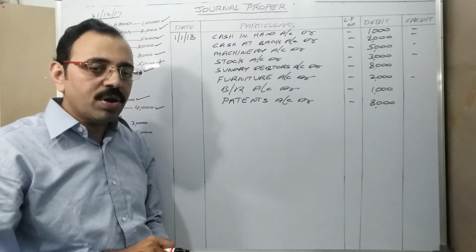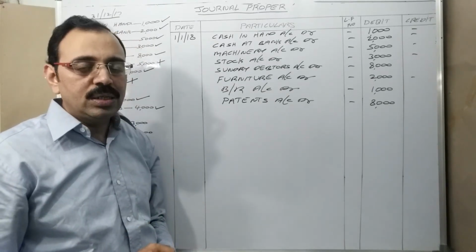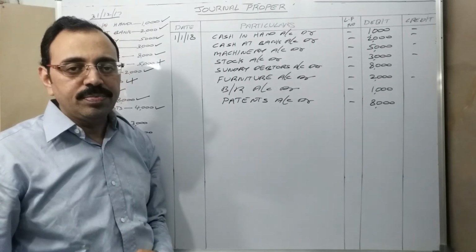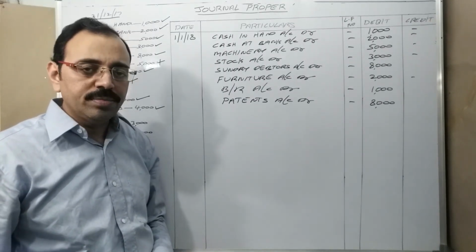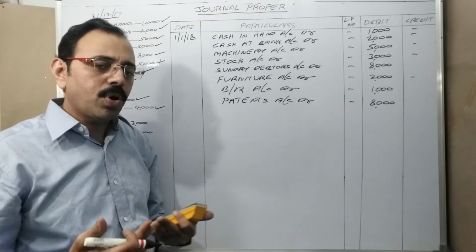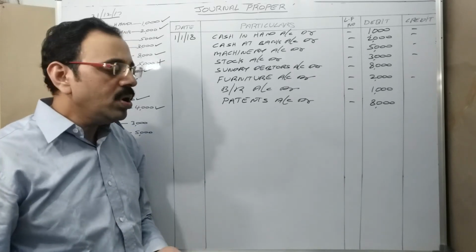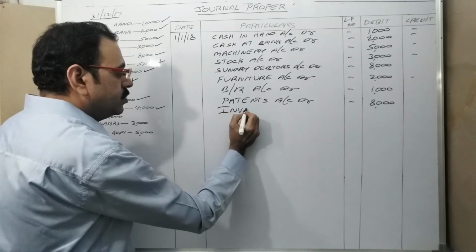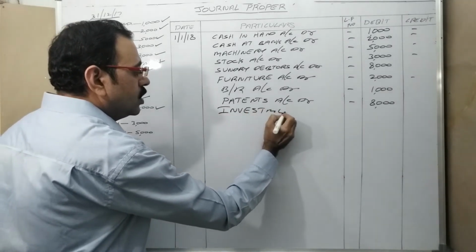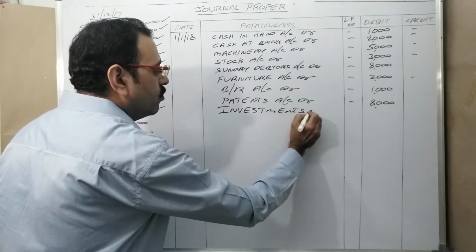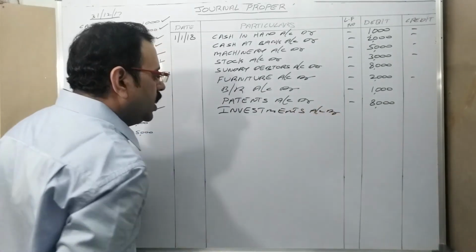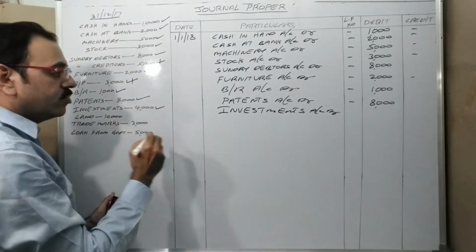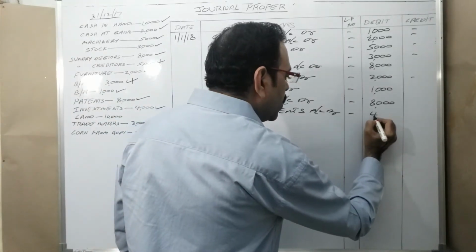Means we invested our money in others' business. That is known as investment. You have some share documents. So you treat them as property, no? Therefore, investments come under assets. Therefore, we should debit it. Investments account debtor, 4,000 rupees.